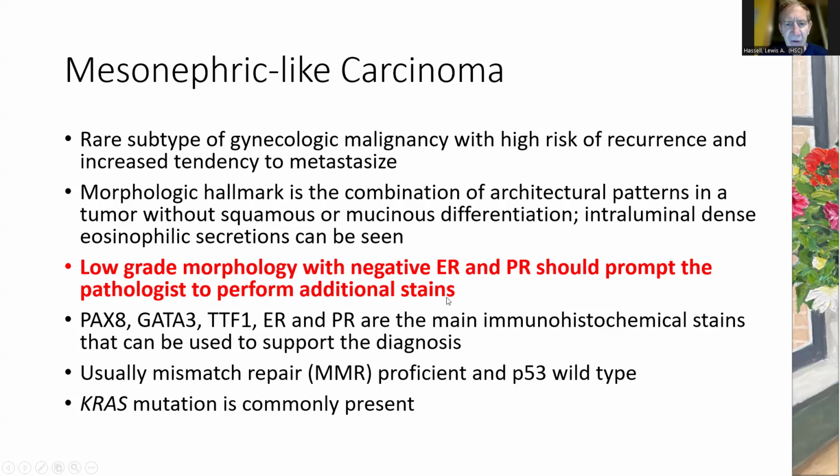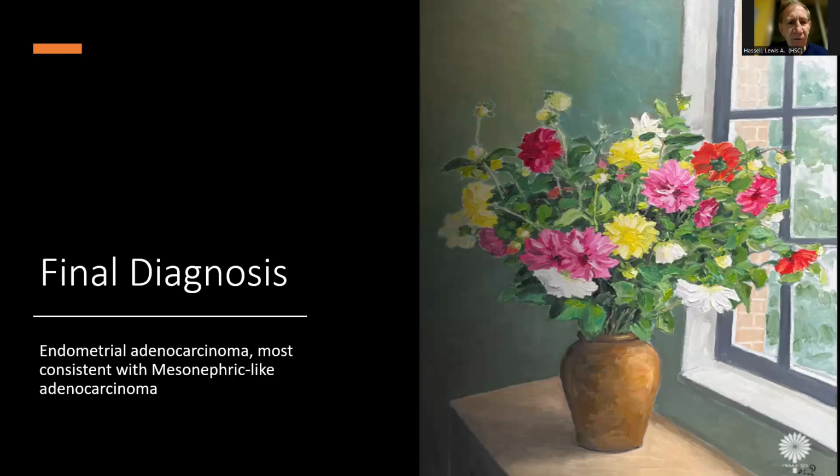Usually these tumors are mismatch repair proficient and P53 wild type, though as our case indicates, they may have an altered P53 morphology. And in the background, KRAS mutation is often present. So our final diagnosis on this case was endometrial, not endometrioid, adenocarcinoma, most consistent with Mesonephric-like adenocarcinoma.